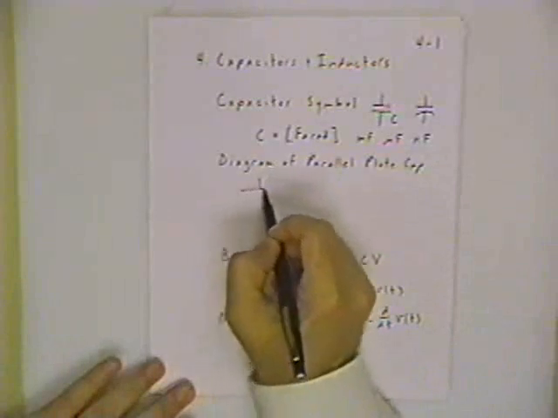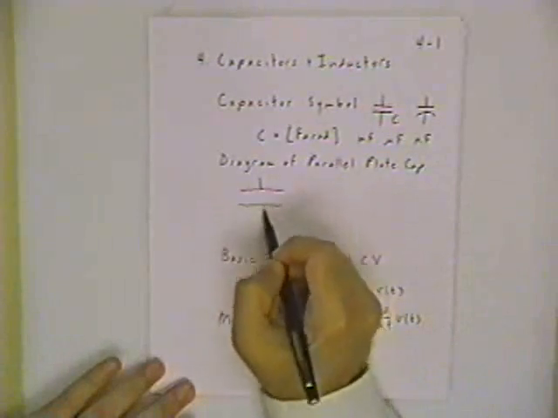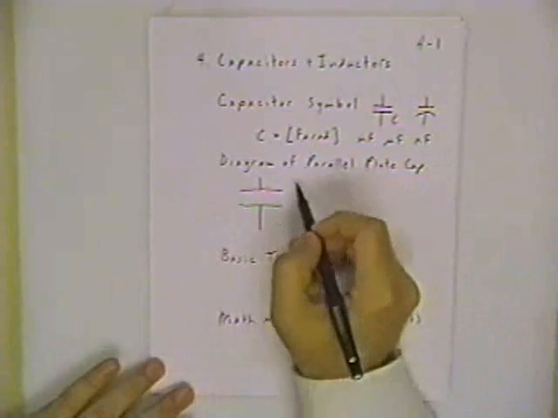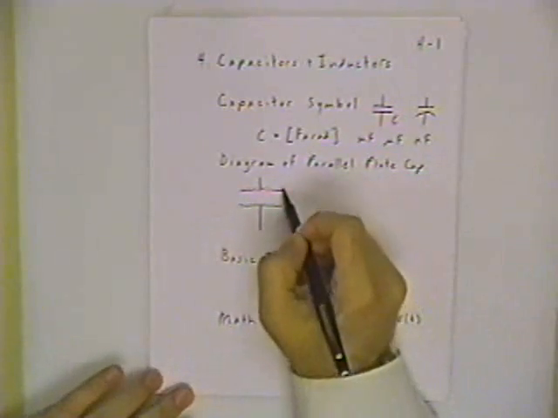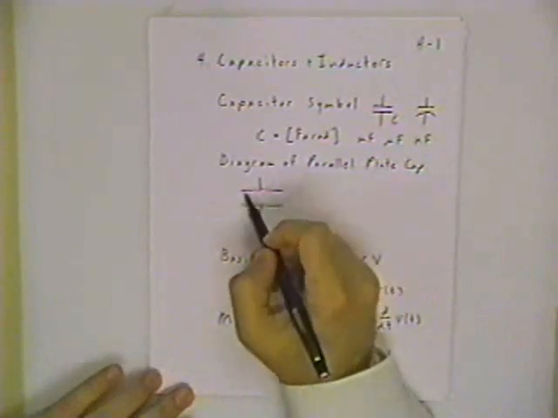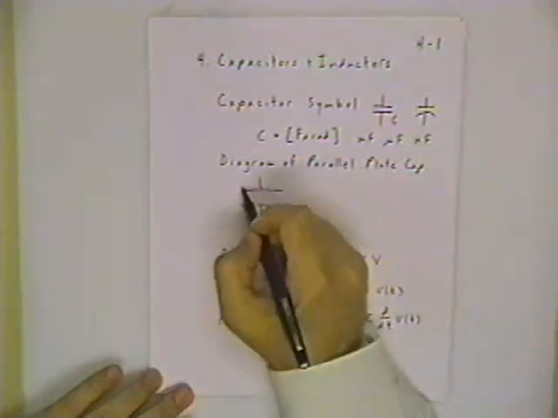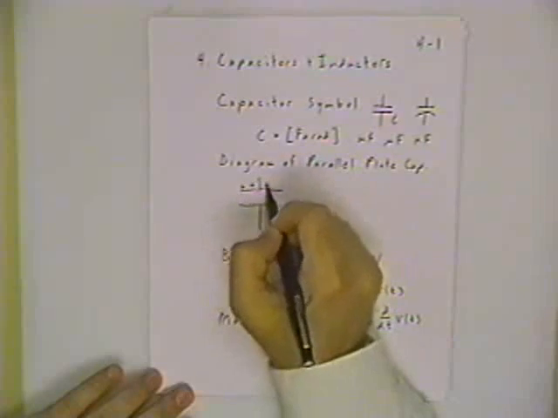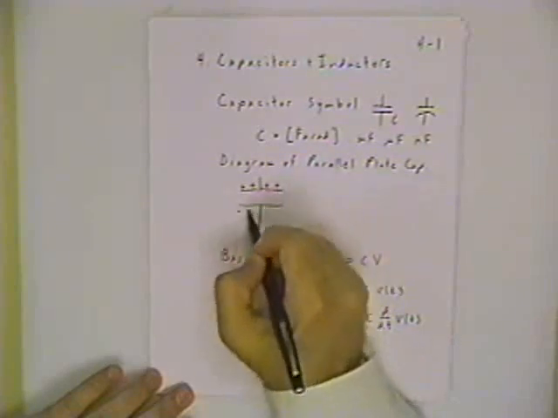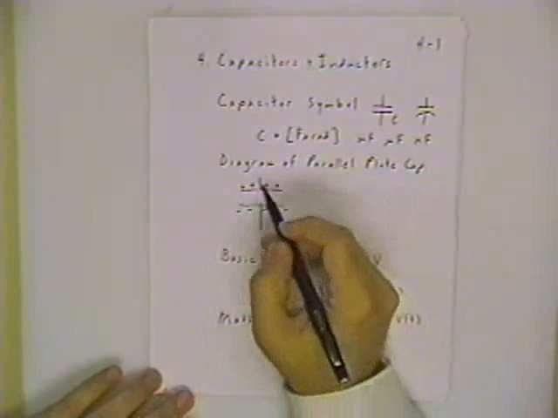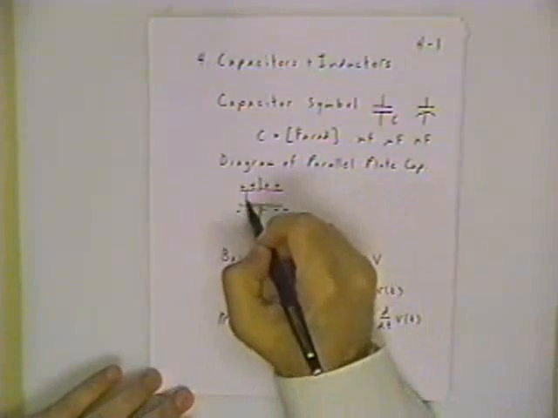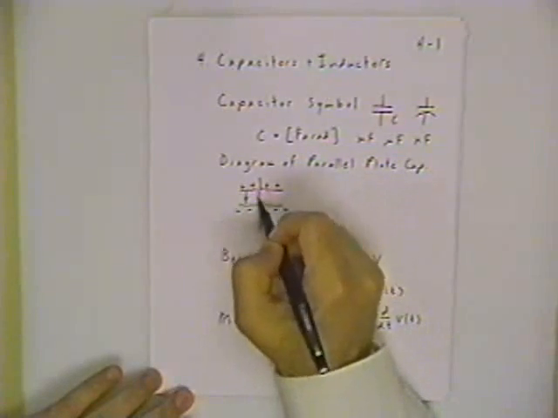The way a capacitor works is that it stores energy in the form of electric fields. So what you have are two separated conducting plates. Usually there's a dielectric material in between here, and by arranging to have an excess of positive charge on one plate and an excess of negative charge on the other plate, you can have electric field lines going from one plate to the other.